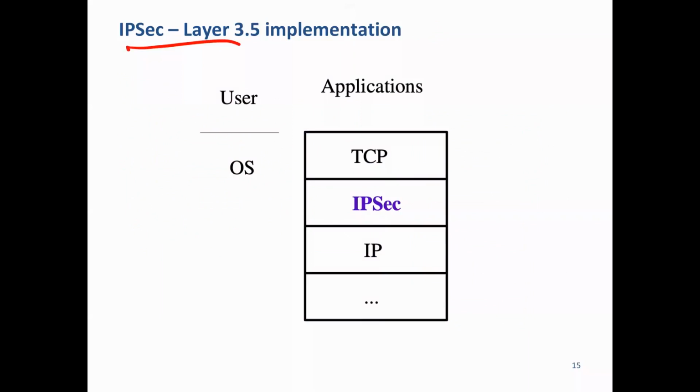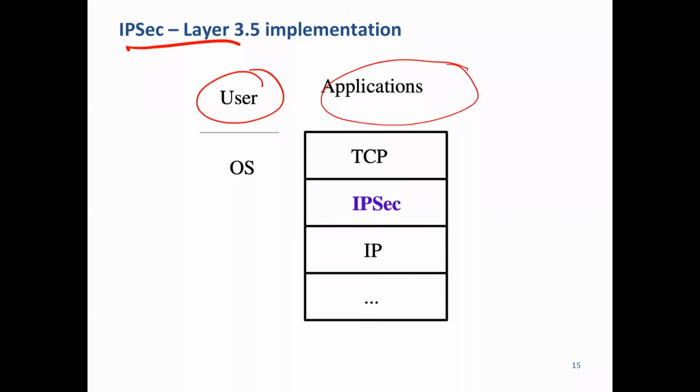Now note that TCP applications are in user space. In an OS, you have done a course on OS, there are two areas of memory, right? An application area and an OS area, the system area.